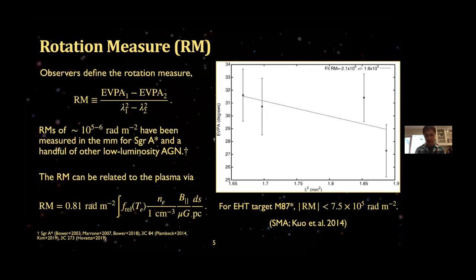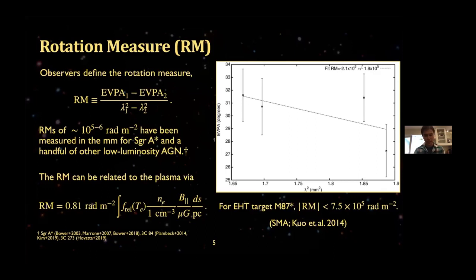This is older data from the SMA, and this is not resolving the accretion flow, of course. It also is sensitive to larger scale emission. But you can see they were able to measure EVPA as a function of wavelength, and they were able to put an upper limit on the RM here, less than 7.5 times 10 to the 5. You can see that the error bars are large enough that a straight line can't entirely be ruled out.